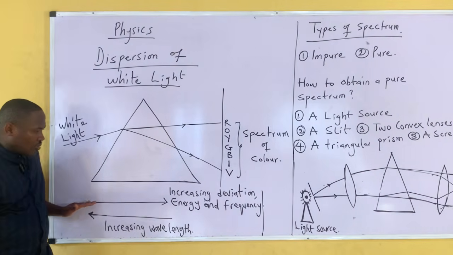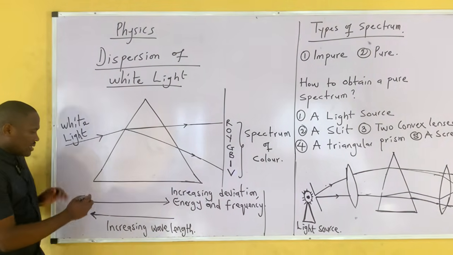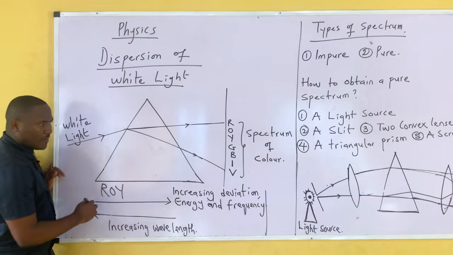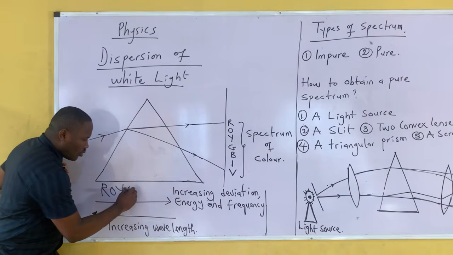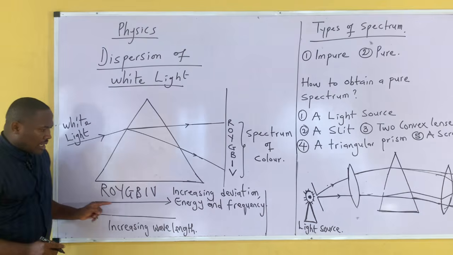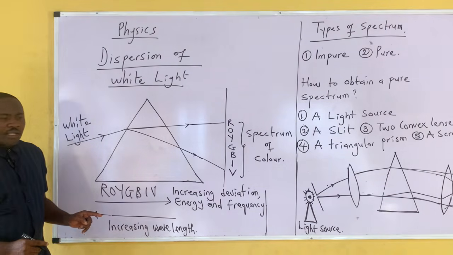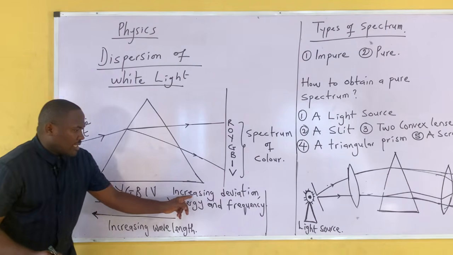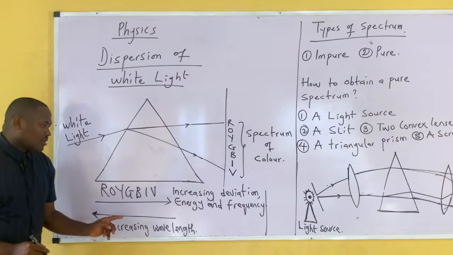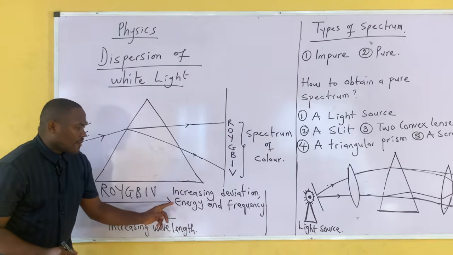As we go like this, that is on ROY, go, but invite Victor, as we go like this, what is increasing? Deviation angle is increasing. What again is increasing?